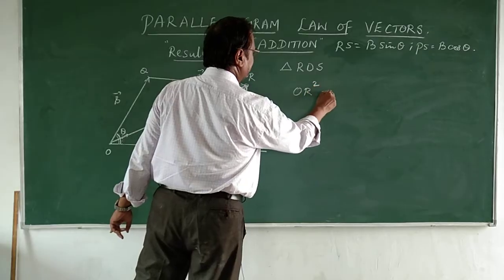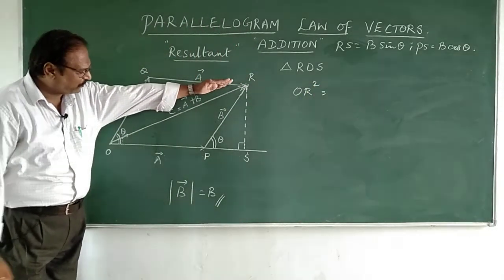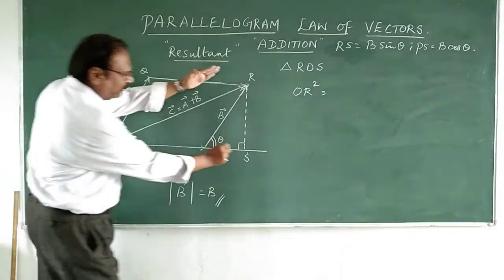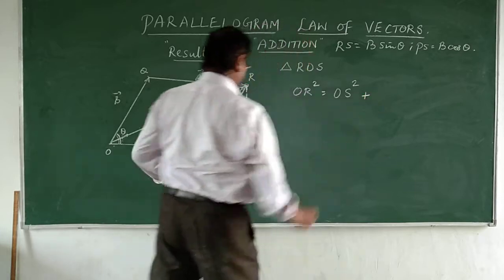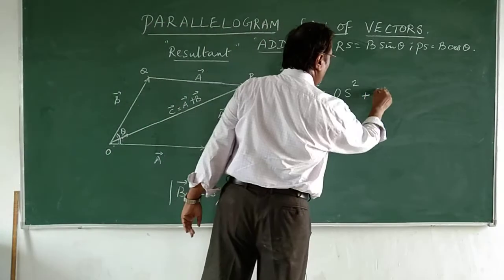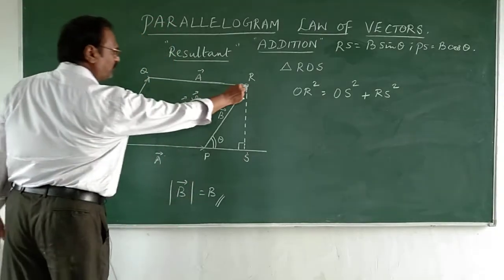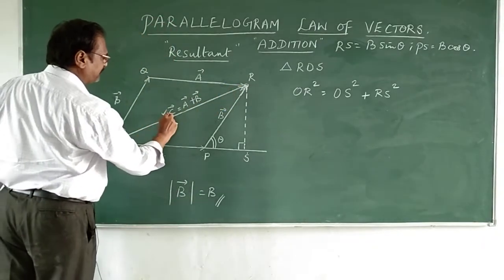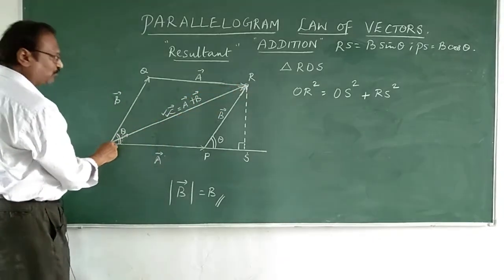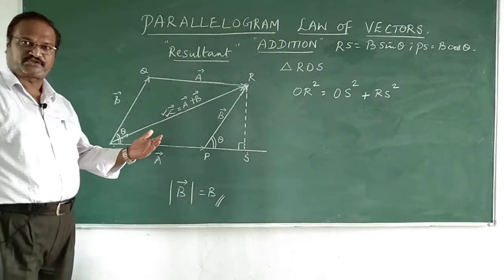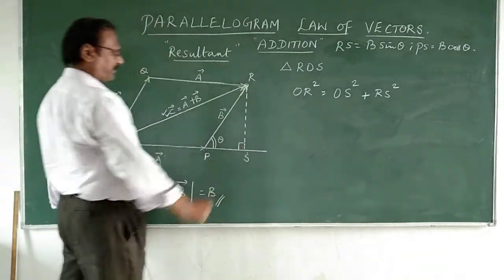OR square is equal to, this is the hypotenuse, right? OR squared is equal to OS square plus the perpendicular RS square. I hope you understand. In this whole triangle, I wanted to find the resultant value. For that, I take this value square using Pythagoras theorem, that is equal to OS square plus RS square.